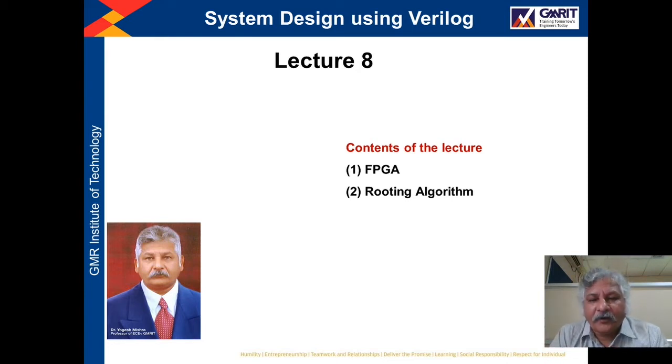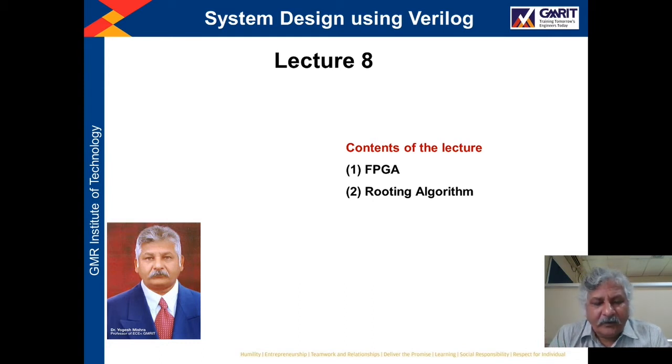The speed of the flow of the signal is improved, but the flexibility is less because the OR plane is not programmable. Now the third device in the same category is CPLD, Complex Programmable Logic Device. CPLD contains many PAL type structures.